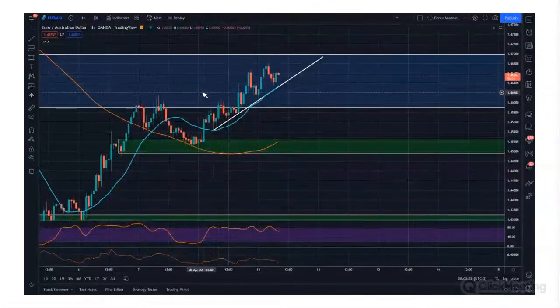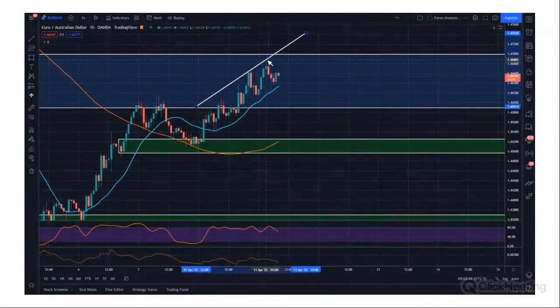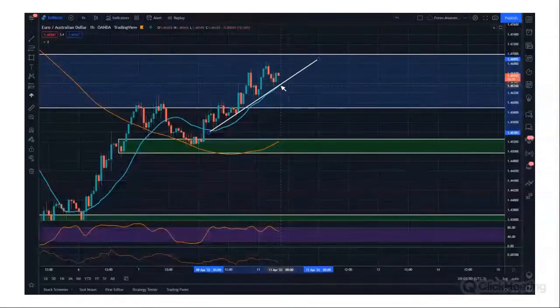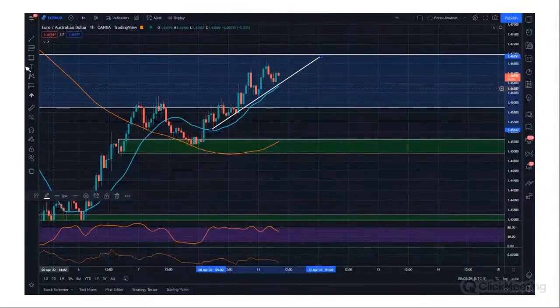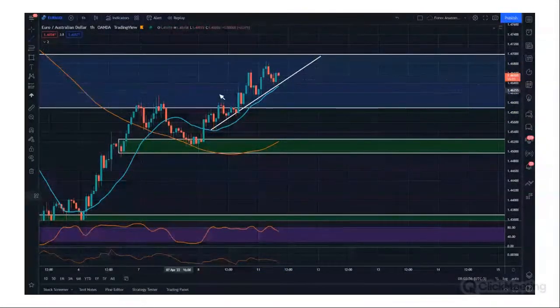But what we can see here is that if you were to drag this up to this area, you can see that price is trapped within what we would call an ascending channel, and that's something that we should definitely pay attention to.